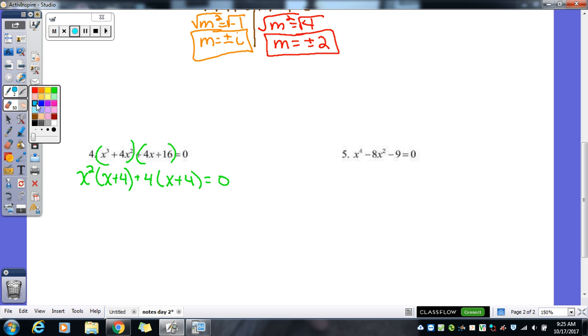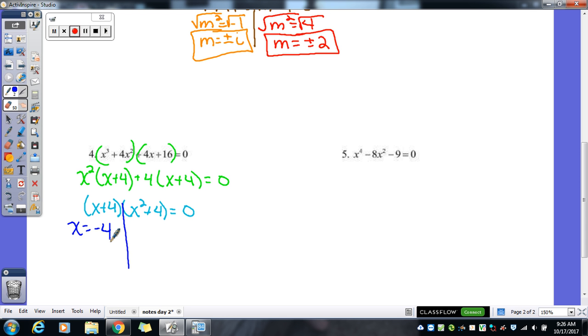So what we're going to do is we're going to put our x plus 4 first. That's our GCF now. And then we have x squared plus 4 goes in parentheses after it, the 2 things that we pulled out. So when we set them equal to 0, on the one side I get x equals negative 4.